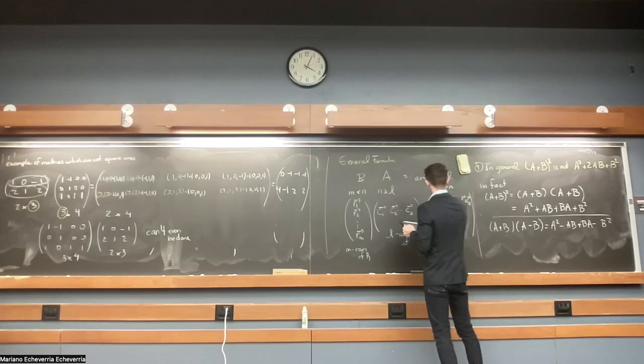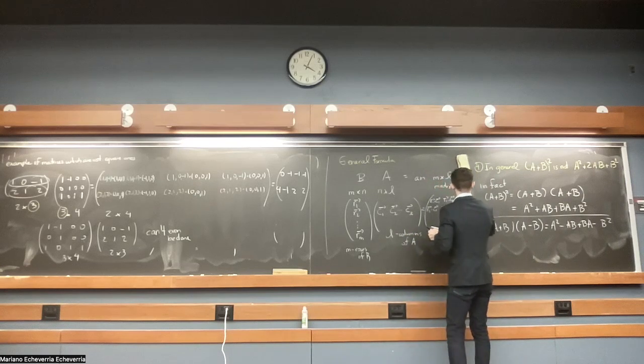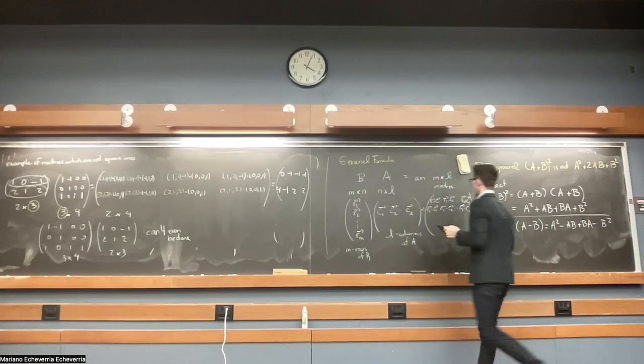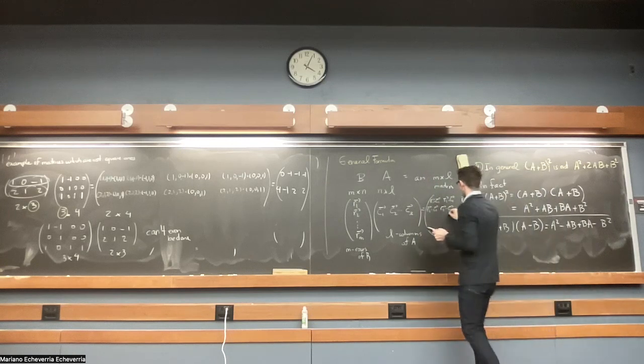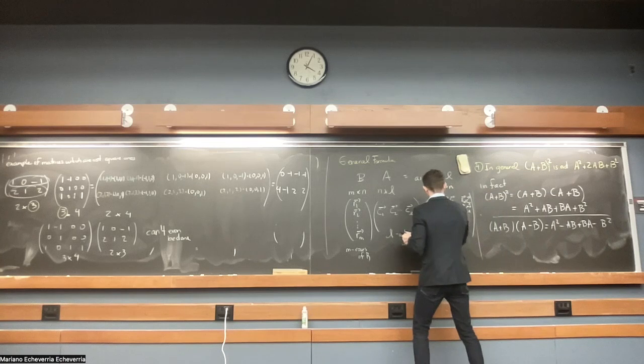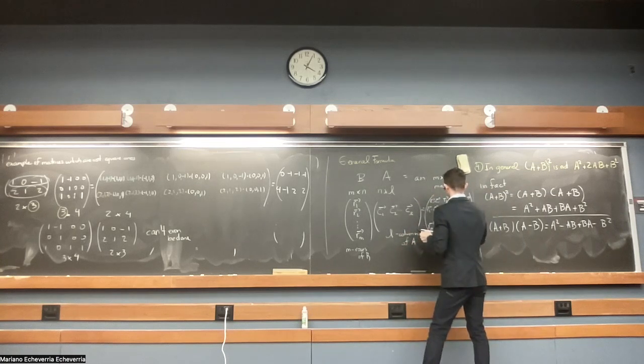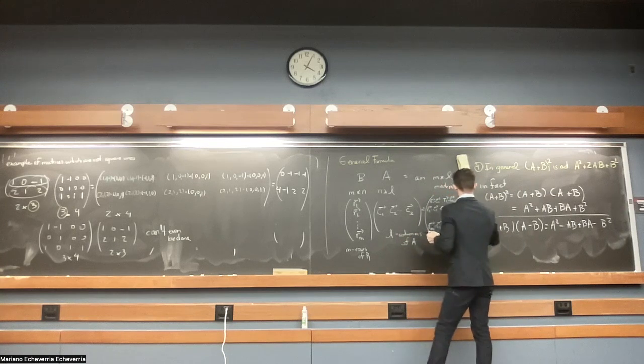You do row 2 with column 1, row 2 with column 2, until you get to row 2, column L. And finally, depending on how big your matrices are, you do row M with column 1, row M with column 2, and then row M with column L.